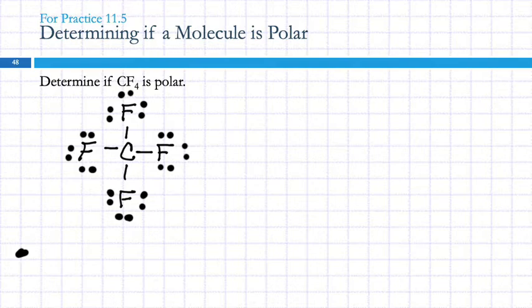We could do the whole thing with all the vectors and stuff. Let's use my shortcut. Are there any lone pairs on the central atom? No. Are the atoms bonded to the central atom the same? Yes. So this is nonpolar.